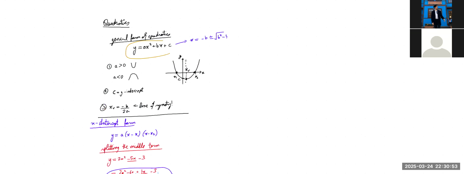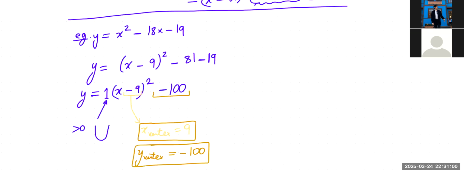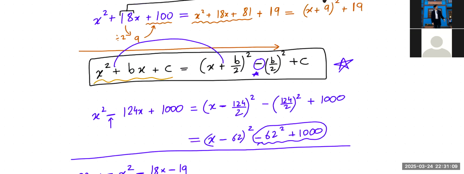Which form? Are you talking about this one? That's exactly what we had in the beginning. This is the ax squared minus bx plus c form, the standard form. And that's what I showed you, how to do it for the standard form.